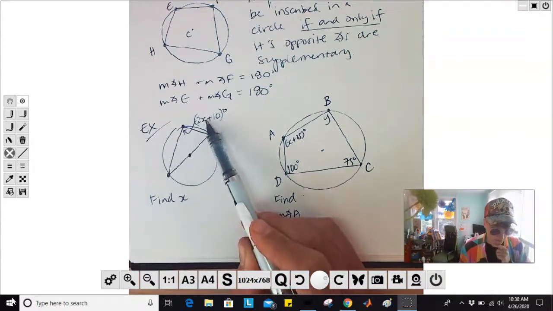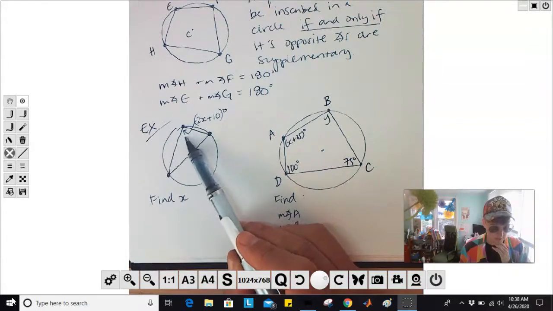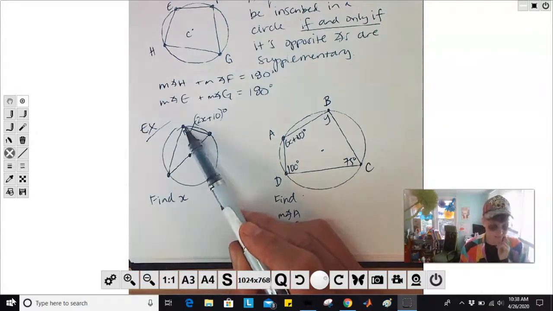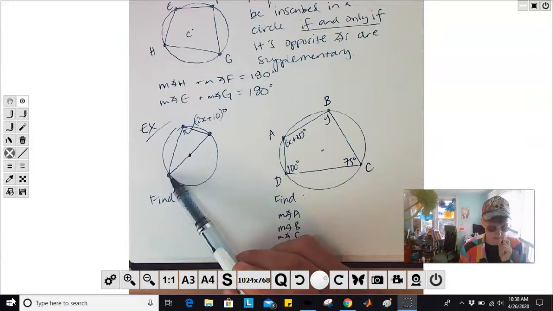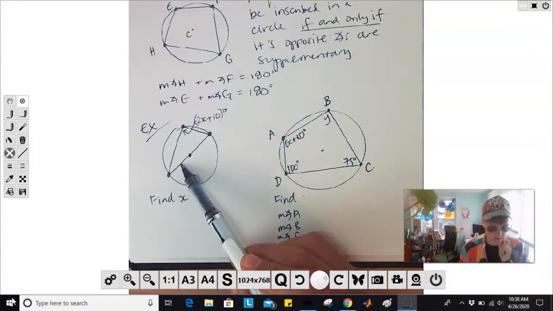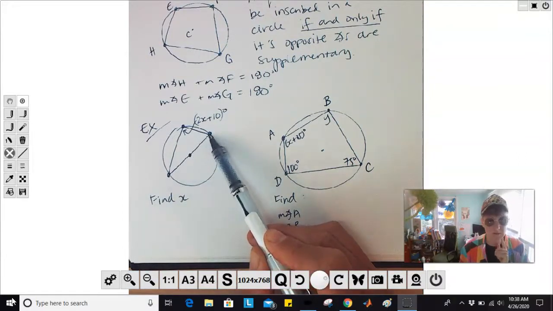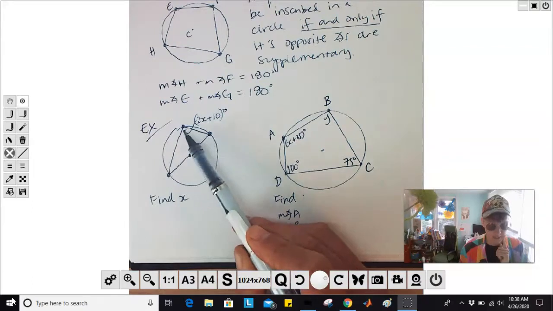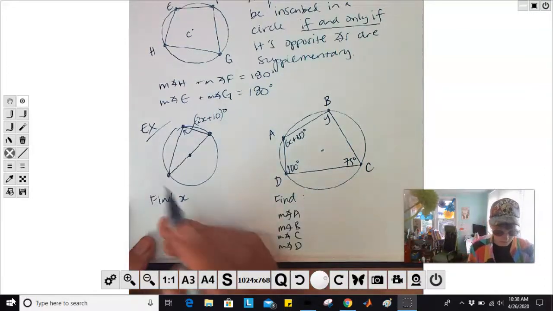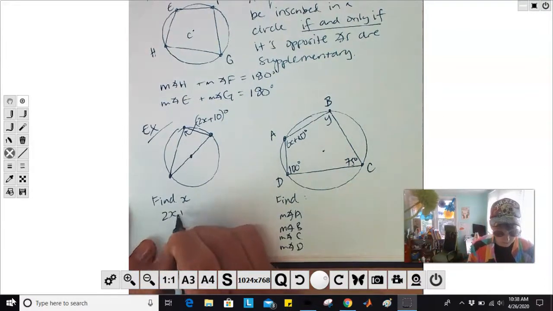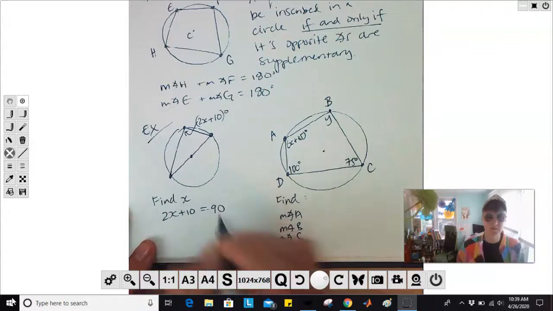We have this expression 2x plus 10 equals the degrees of that angle here. We see that one side of this triangle is a diameter. So that means this must be a right triangle, which means that angle is 90 degrees. So we know 2x plus 10 must equal 90 degrees.